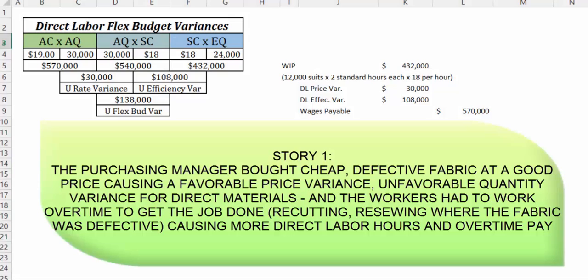That story is consistent with this because if the material was really bad, then perhaps our workers had to work additional hours cutting it and piecing it, trying to get the right fabric layout to make all of the suits, and that resulted in overtime, raising our wages. That is a consistent story with all of these variances.